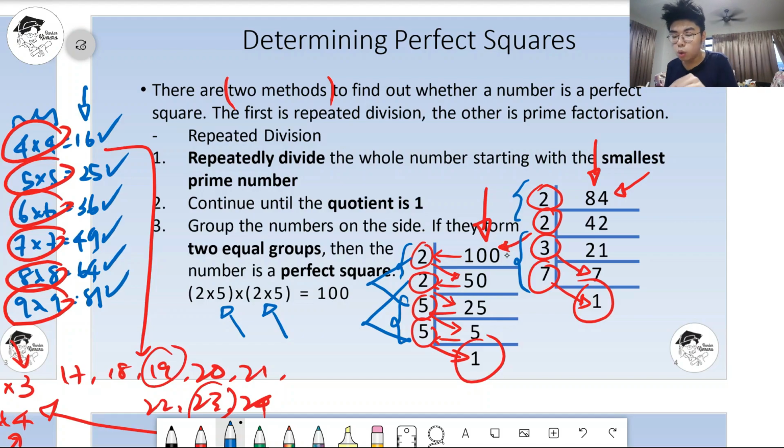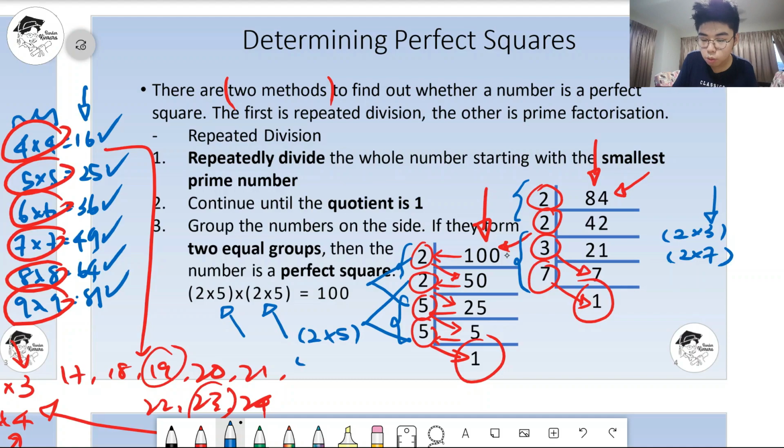You see this one, 2, 2, 3, 7, is not in a set, so you cannot call that a perfect square. Because if you put 2 times 3, then 2 times 7, do you see? It's not the same, one is a 3, one is a 7. Here, you put together 2 times 5, 2 times 5, and it is going to be the same, going to be the 5.